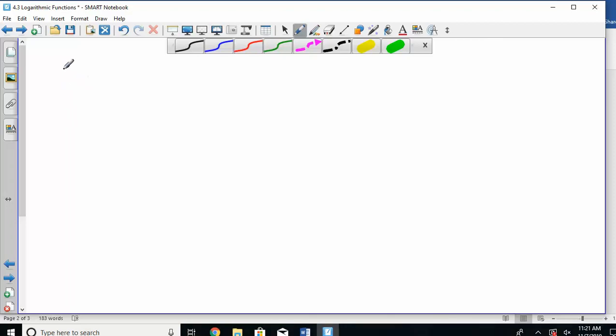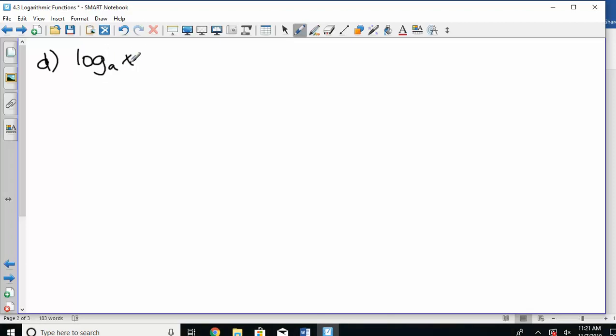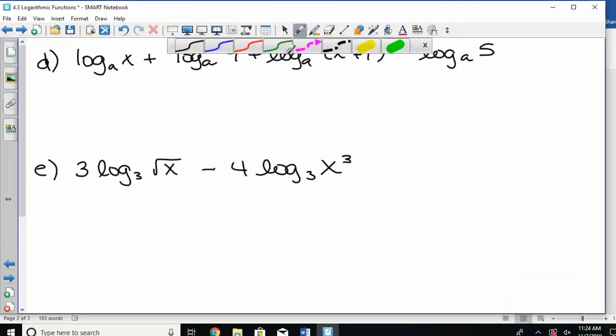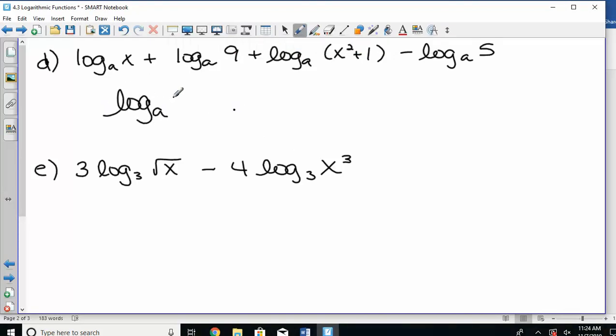So here's a couple for you. First one, condensed, you have a log base A. All three of these are adding, so they will be multiplied together.